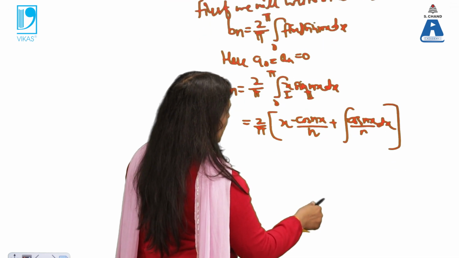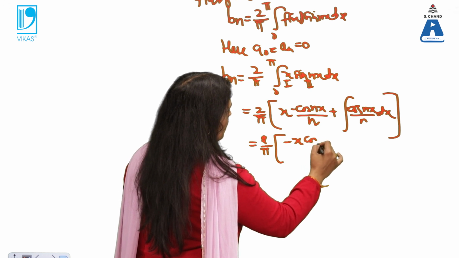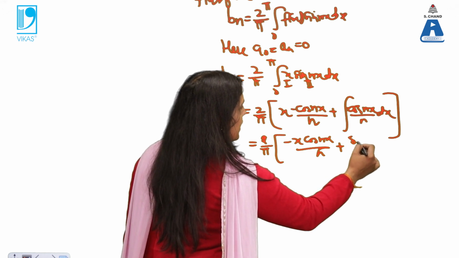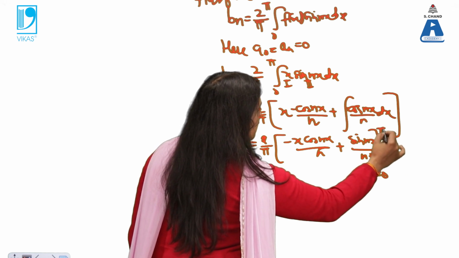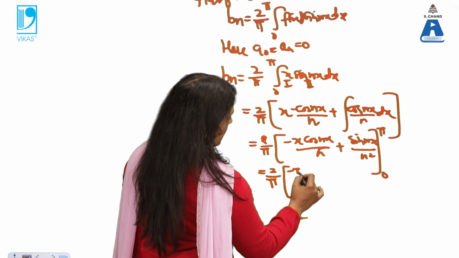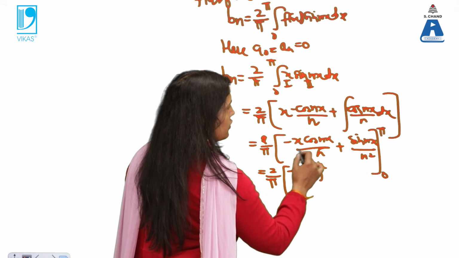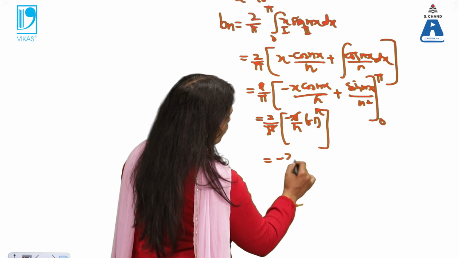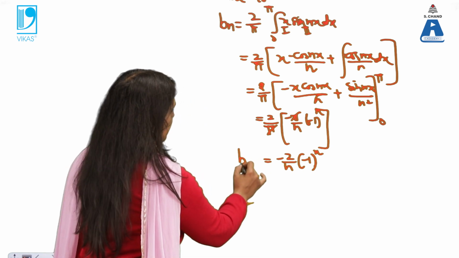I'll apply the limits later. So minus x cos nx by n plus integration of cos nx, which is sin nx upon n square. Now I'll apply the limits because my integration is done. So 2 by pi, minus pi by n, cos n pi is (-1) to the power n, and the sin term will be 0, and for 0 it will be completely 0. Pi gets cancelled, so minus 2 by n (-1) to the power n, and this is my Bn.